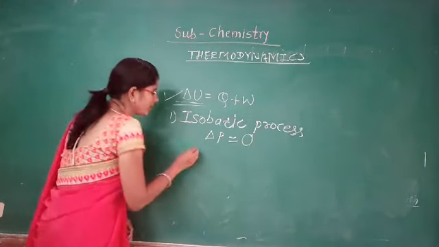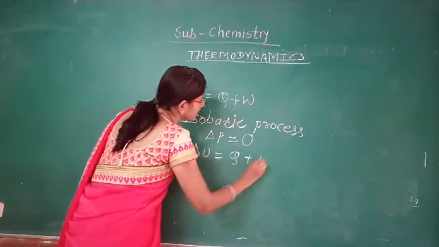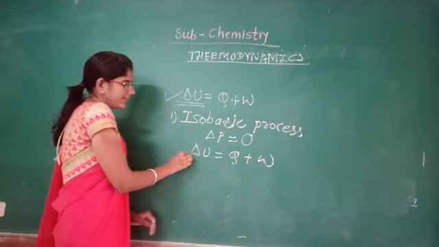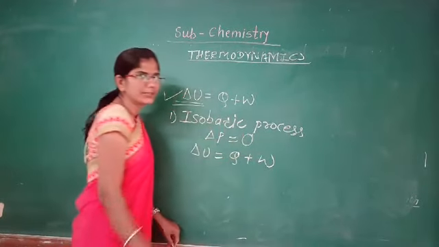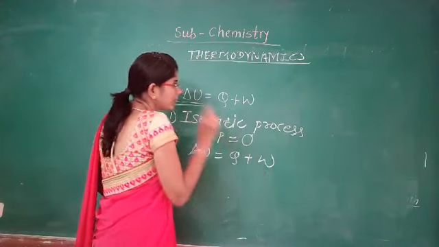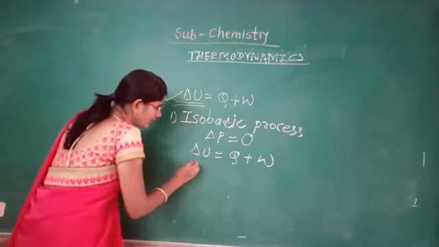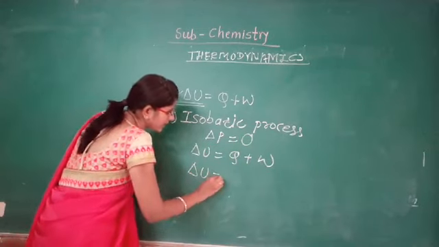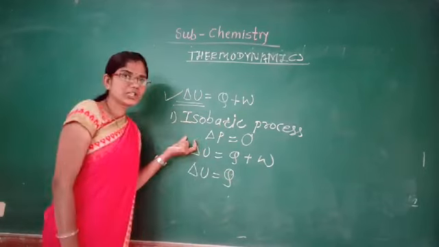So here we have the mathematical statement of the first law of thermodynamics as delta U equal to Q plus W. So here we have the work done for the irreversible process in terms of the change in pressure.